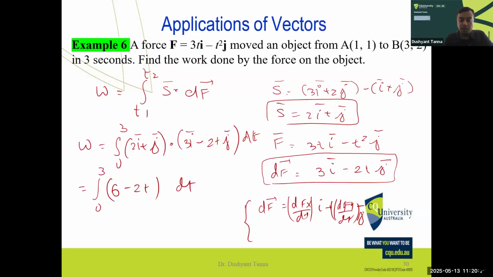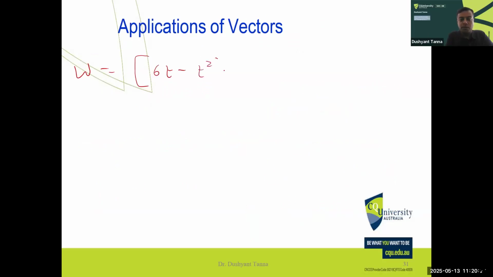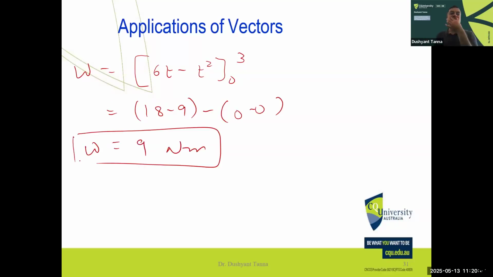What was it? The integral of 2t is t squared. At the upper limit, 18 minus 9, minus the lower limit 0. And that gives you simply 9 Newton meter. Cool.